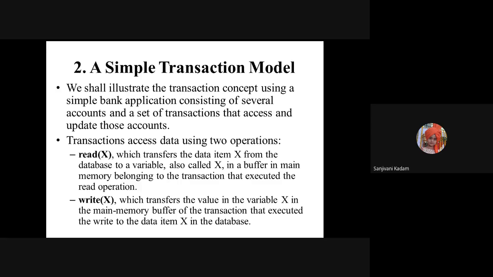Let us see the two operations we always perform in a database. Read X means reading a data item X. This will not perform any write operation on the database. It simply transfers data item X from the database to a variable, also called X, in a buffer in main memory belonging to the transaction that executed the read operation.